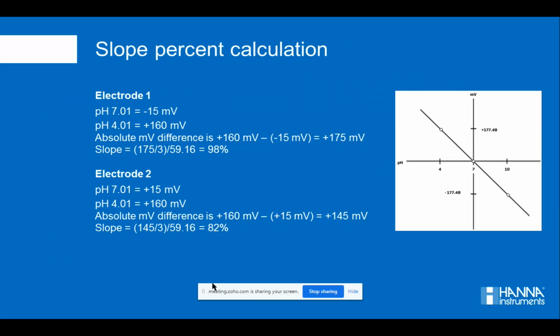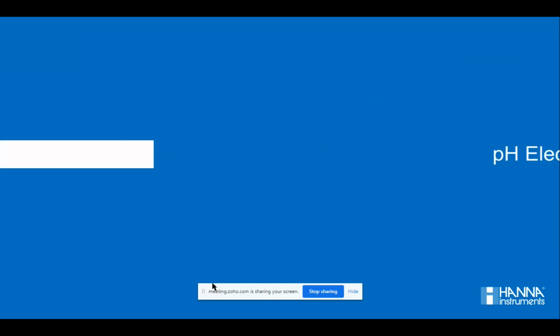Hence, the electrode slope has dropped completely and it is not a correct electrode. So to troubleshoot the second electrode, you might have to replace the pH 4 buffer or replace the electrode completely. It depends upon the millivolts of your buffers.